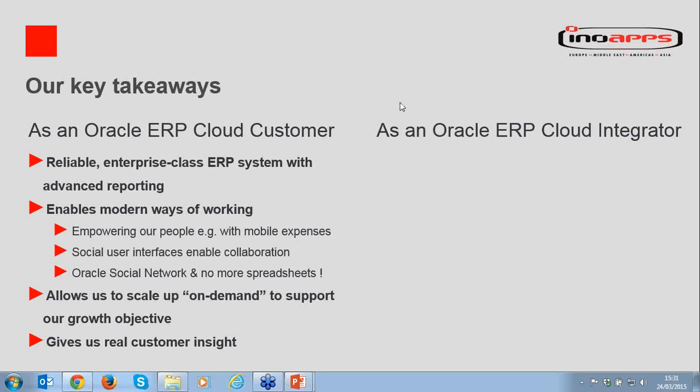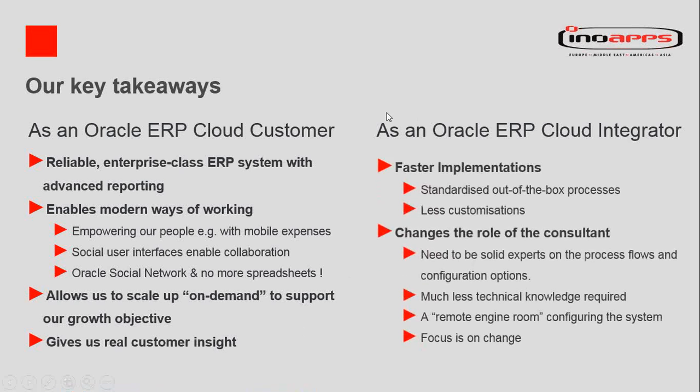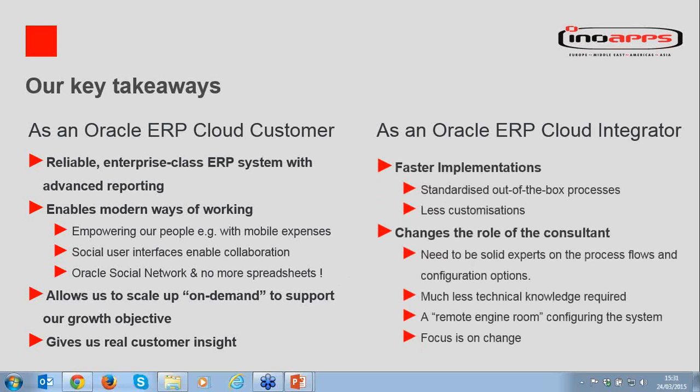The second category of things we've learned as part of this journey is for our business. Our job of implementing solutions is changing a lot. We used to start from a blank page, asking what do you want out of this big box that is Oracle ERP.